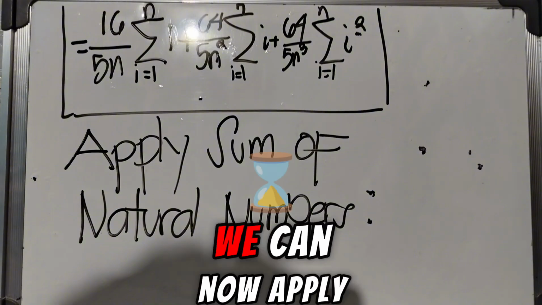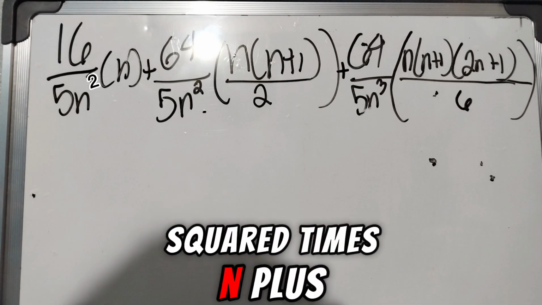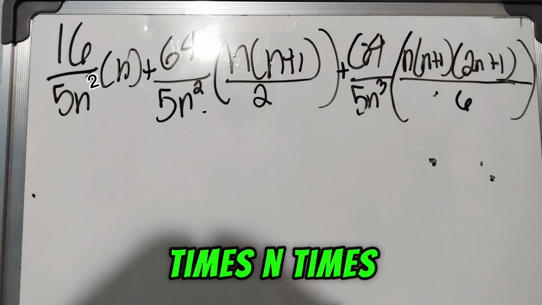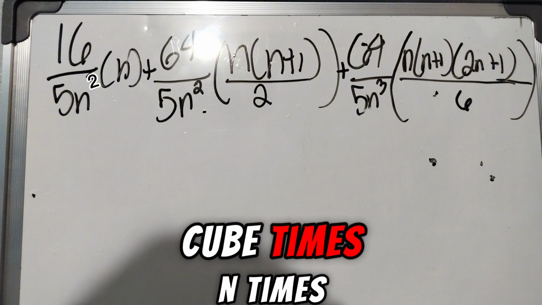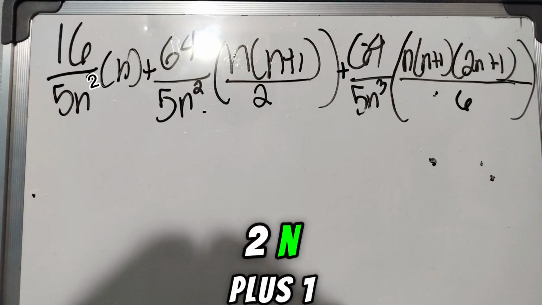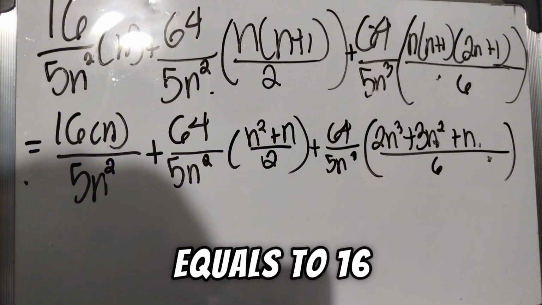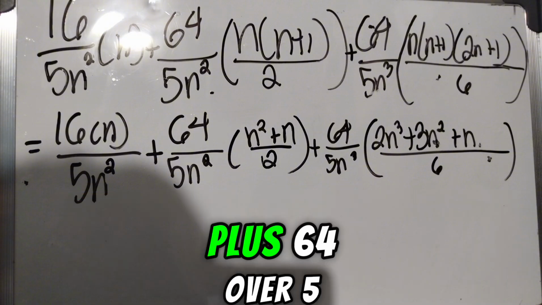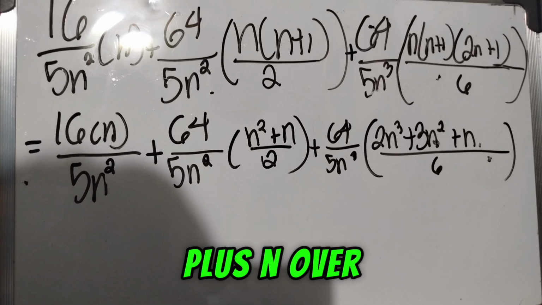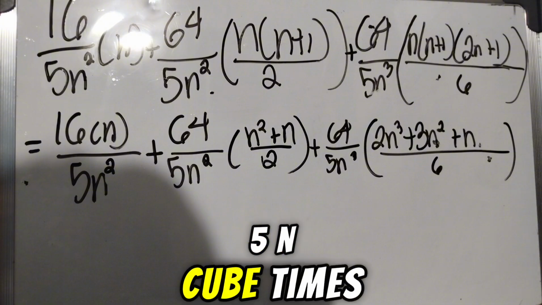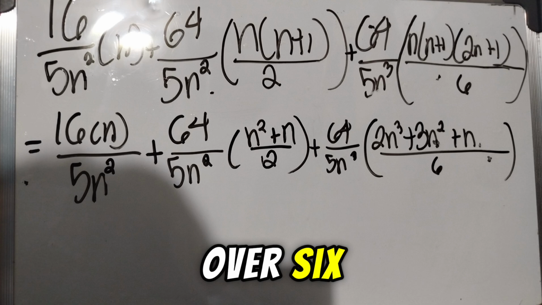Now after getting this, we can apply the sum of natural numbers. 16 over 5n times n, plus 64 over 5n squared times n times (n plus 1) over 2, plus 64 over 5n cubed times n times (n plus 1) times (2n plus 1) over 6. So it is equal to 16 times n over 5n, plus 64 over 5n squared times (2n squared plus n) over 2, plus 64 over 5n cubed times (2n cubed plus 3n squared plus n) over 6.